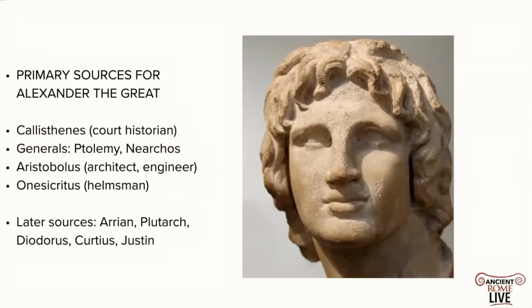Now, we have a lot of sources that tell us who Alexander the Great was. Callisthenes is actually accompanying Alexander the Great during his expedition in conquering the Persian Empire and beyond. We have two generals under Alexander the Great that wrote their own recollections of what happened. Of course, we know Ptolemy becomes the king of Egypt.